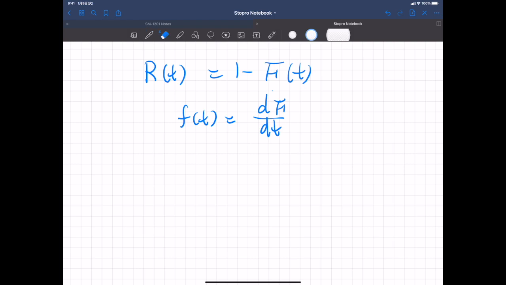So if you compare this first equation, then you should notice that the negative of the derivative of the reliability function is the density function of the time to failure.